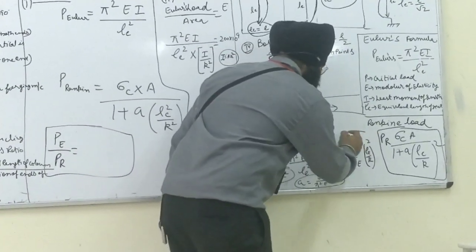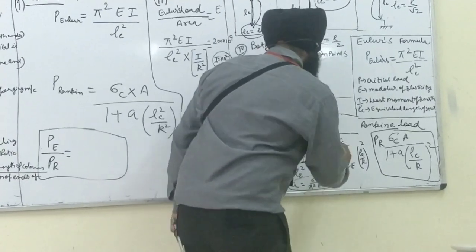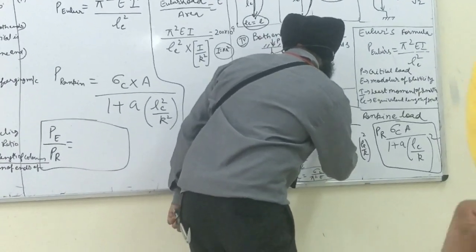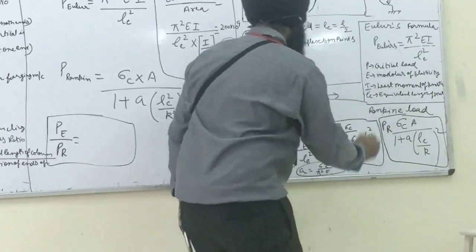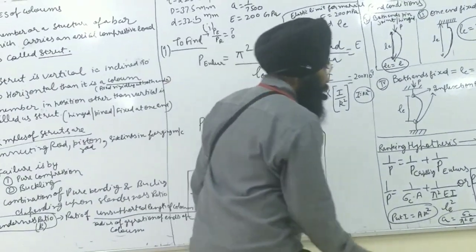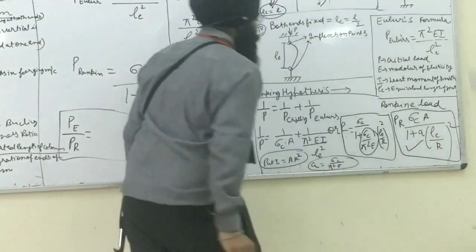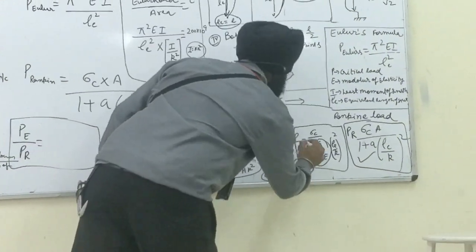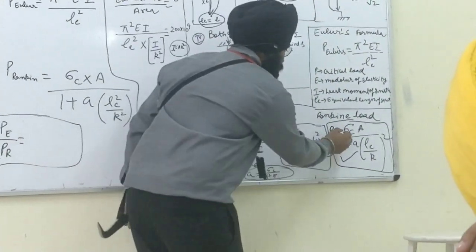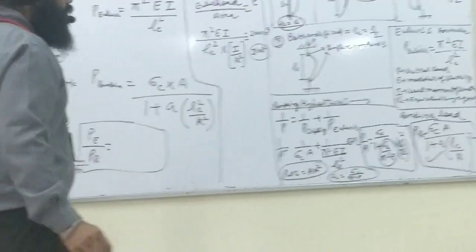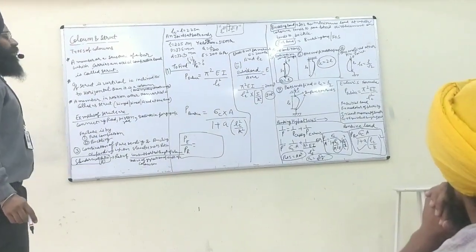So we come up with this derivation. P is equal to stress C into A over this whole part. So we come up with this relationship, P over A. We calculate the value of P Rankine, which is equal to stress C into A over 1 plus a times LE by K, the whole square.